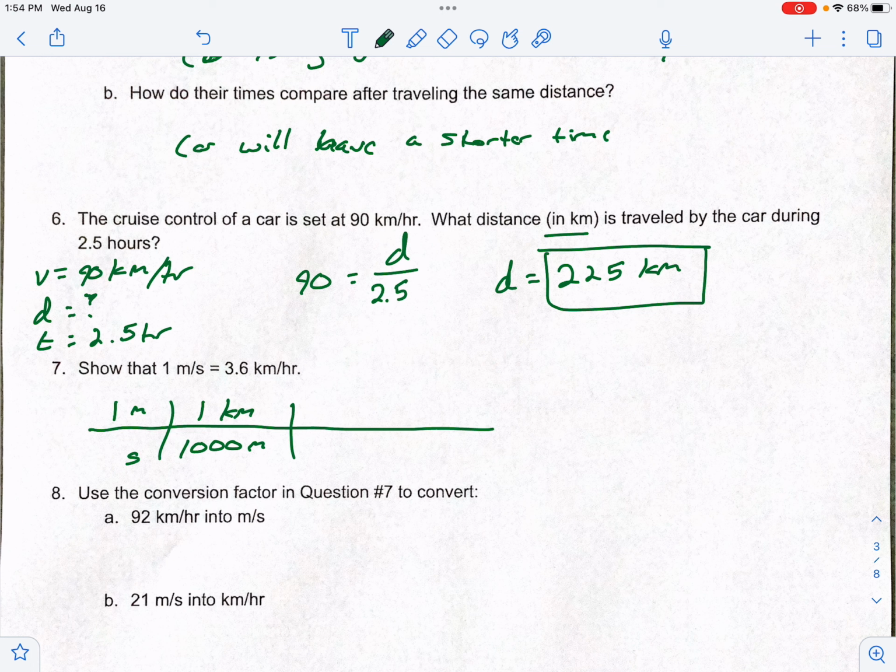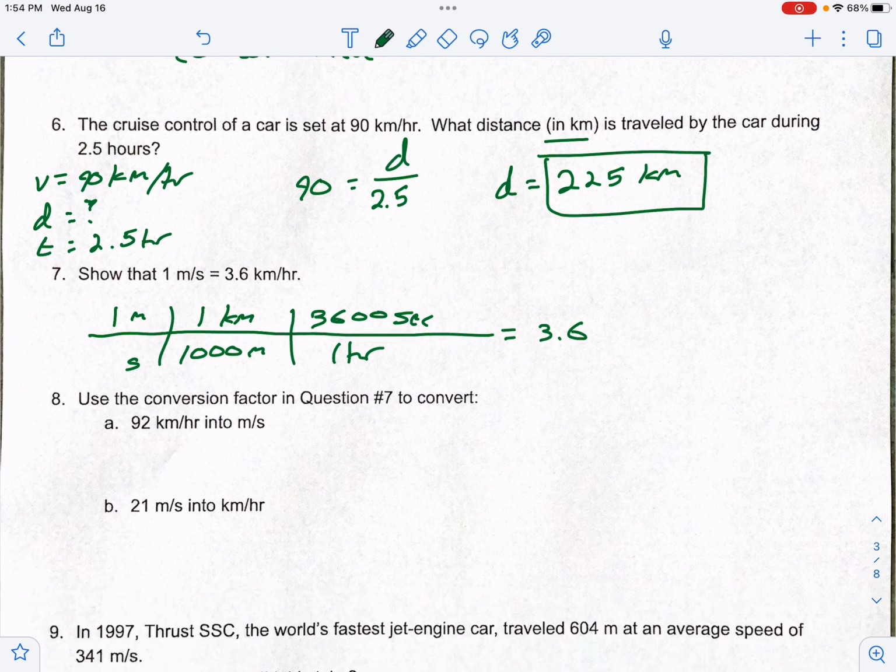And looking at seconds, there are 3,600 seconds in 1 hour. That's just a dimensional analysis conversion, showing you where the 3.6 came from, because if you take 3,600 and divide it by 1,000, you get 3.6. You don't really have to worry about trying to reproduce that. That's just showing you how we got it.